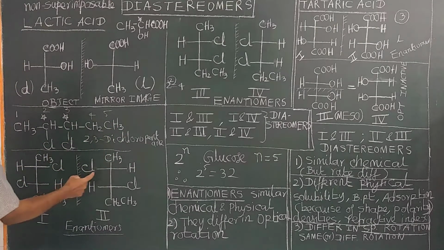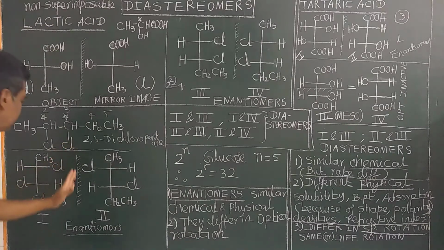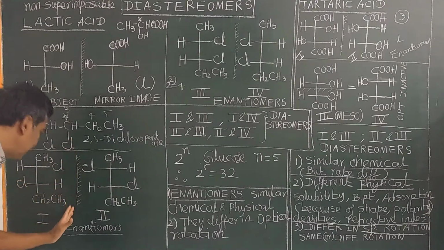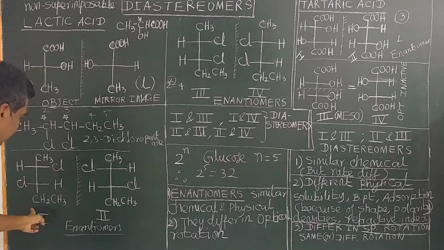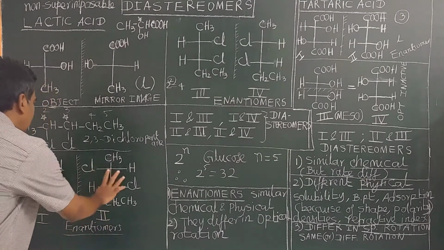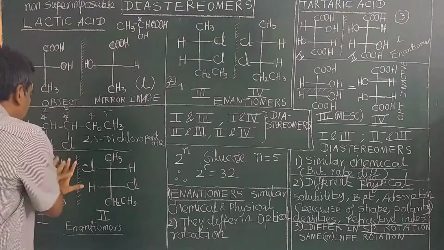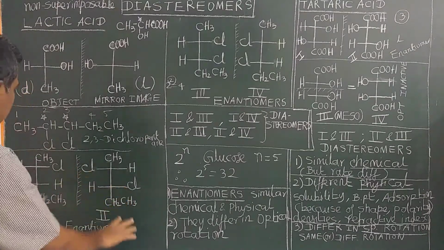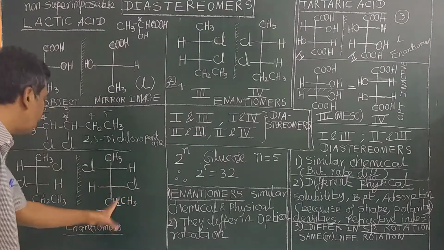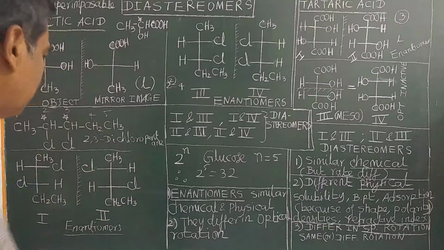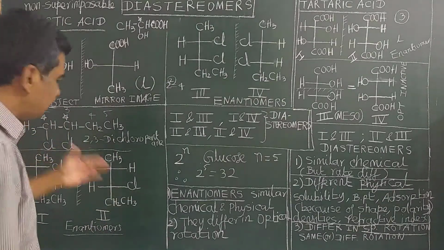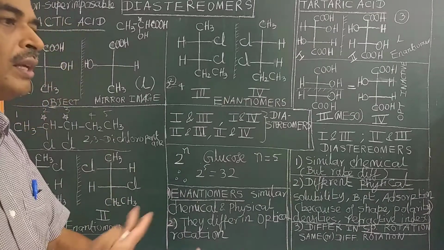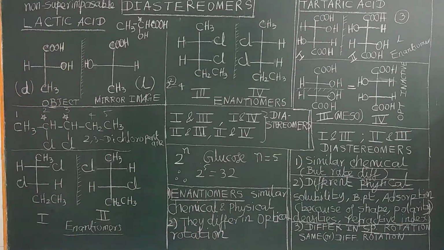Cl is on the right hand side on one carbon atom and Cl is on the left hand side on the other. If you consider a mirror here, then this is the object and this is the mirror image, and they are not superimposable. 1 and 2 are enantiomers, optical isomers. One will be dextro-rotatory, another levo-rotatory.